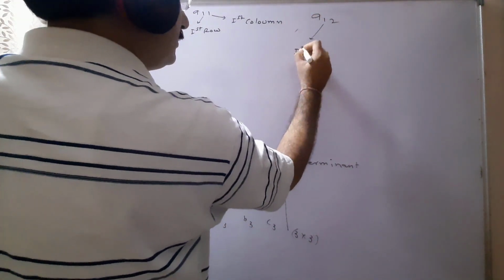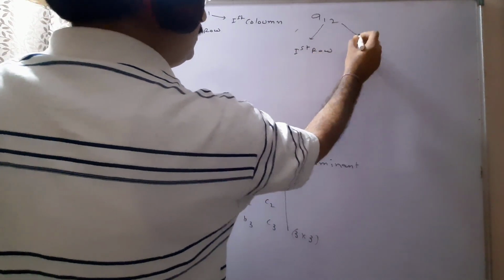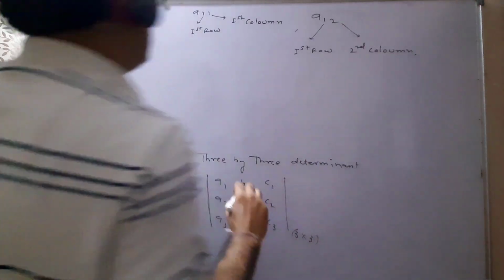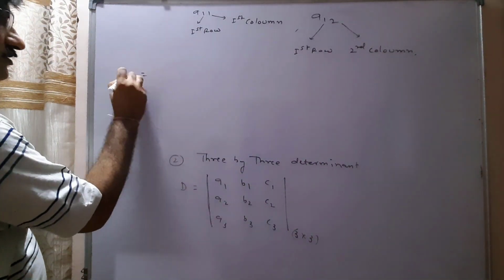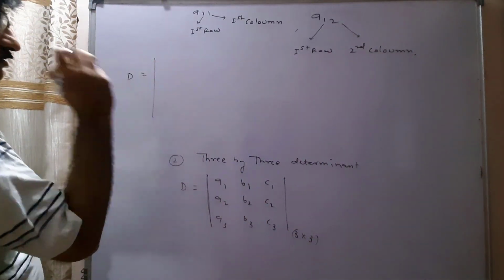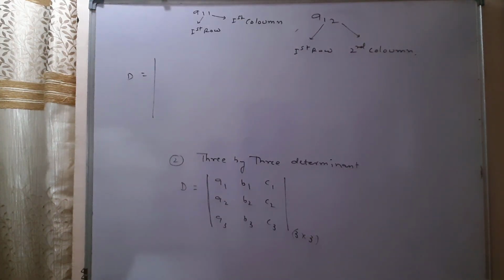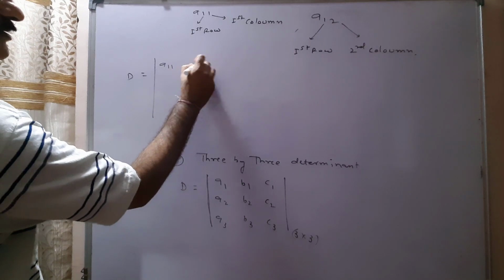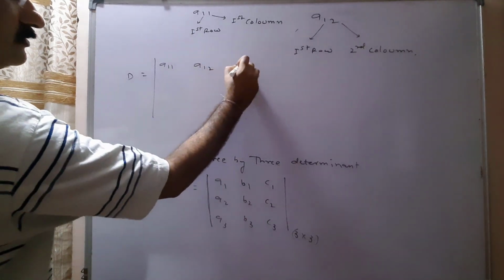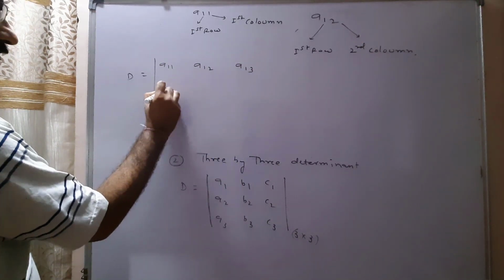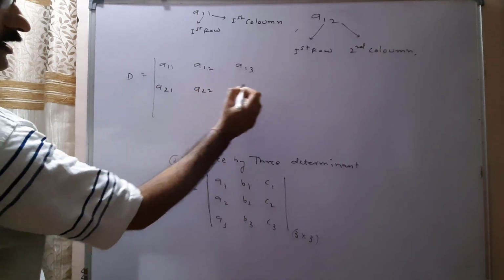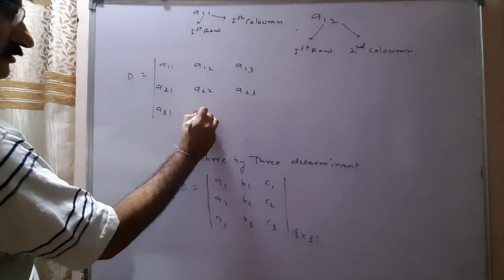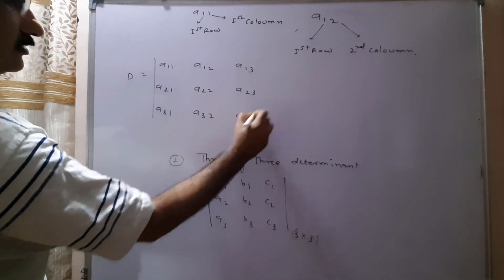A12 is first row, second column. In such a way, if we have to see the position of each element in the determinant, we write here A11, A12, A13, A21, A22, A23, A31, A32, A33.